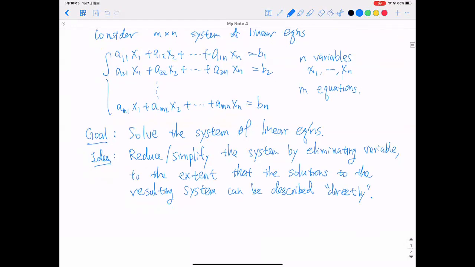So the main goal here is to simplify the system by eliminating variables.